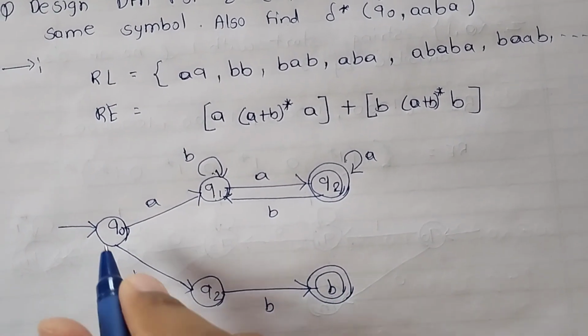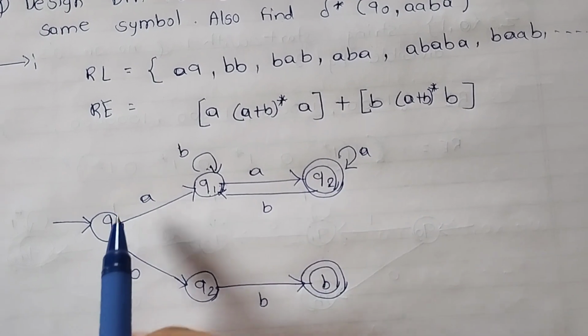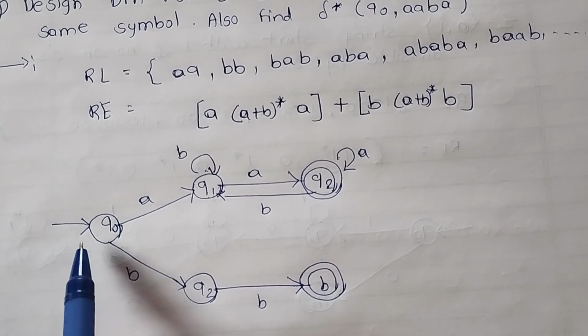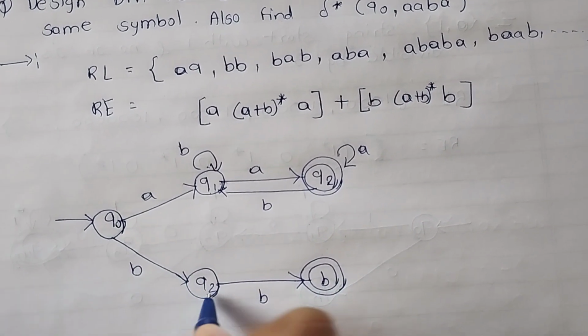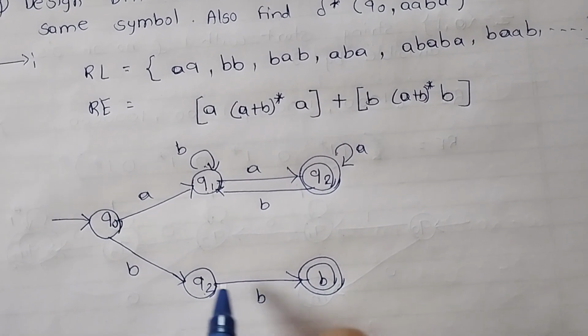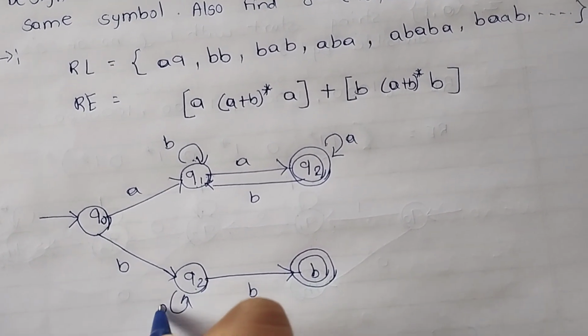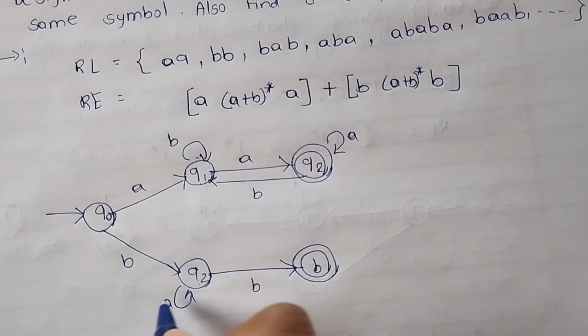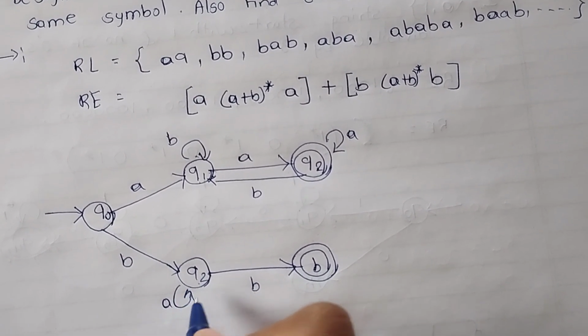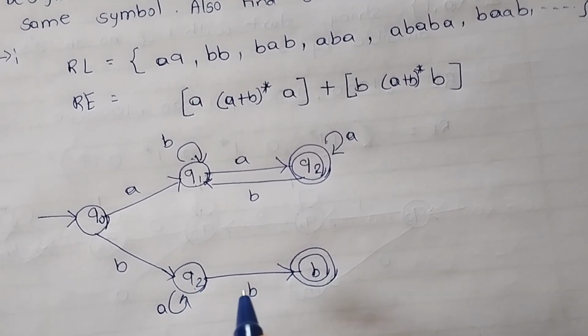So we think about Q0, then a and b are read. Now we move to Q2. So Q2 reads only b. Now a is remaining, so we read a by Q2 itself, because n number of a can come and be transferred through this Q2 itself.